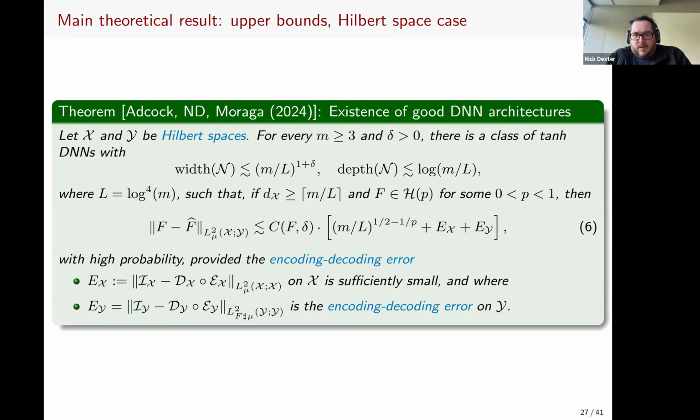For every m greater than or equal to 3 and delta greater than 0, there's a class of tanh DNNs, so hyperbolic tangent activation functions, with width bound (m over L) to the 1 plus delta and depth bound log of m over L, where L is log to the 4th power of m, such that if dx is greater than or equal to the ceiling of m over L and f is in H^p, that's set from before, for some p between 0 and 1, then f minus f hat is bounded up to a constant by c_{f,delta} times (m over L) to the 1/2 minus 1 over p, plus E_X plus E_Y with high probability, providing that these encoding decoding errors on X are sufficiently small, and where E_Y is the encoding decoding error on Y.